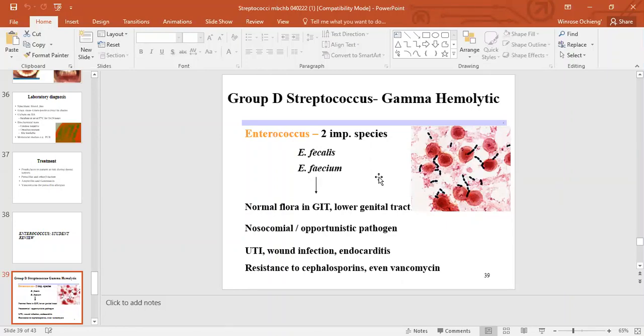Others are able to enter through different portals of entry and overcome the immune response of a healthy individual. We also have pathogens that we call opportunistic. Please make sure that you understand this before we go on.